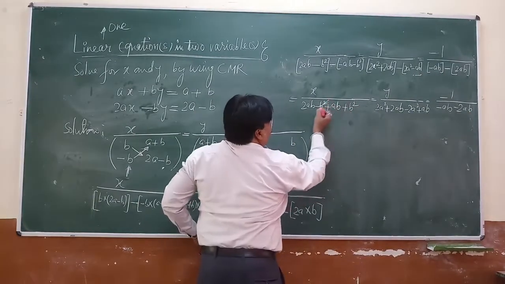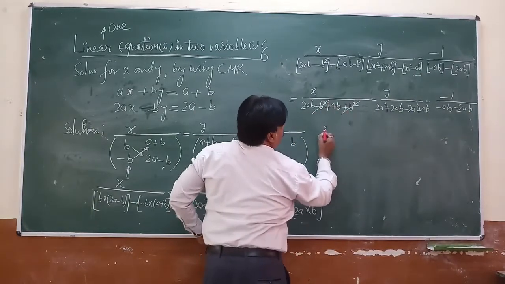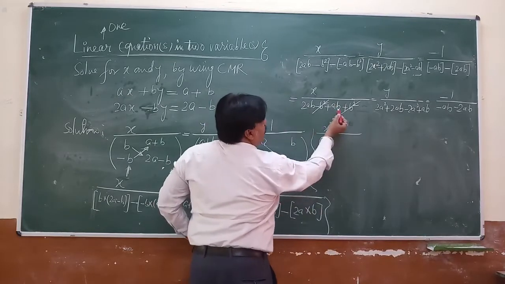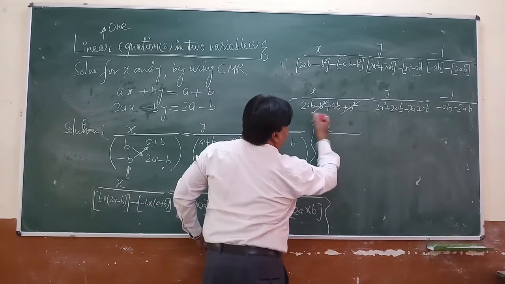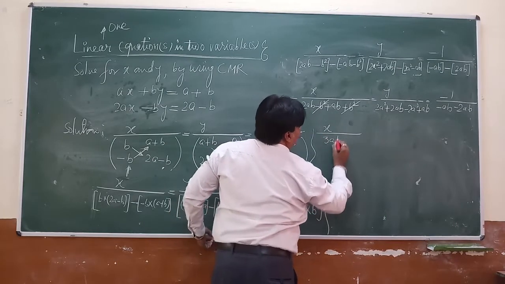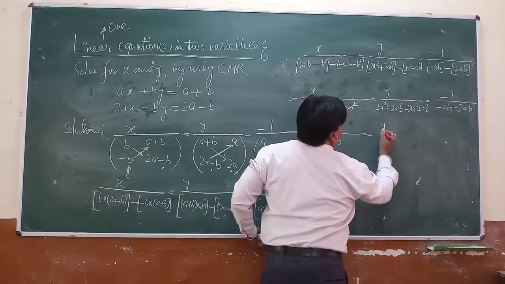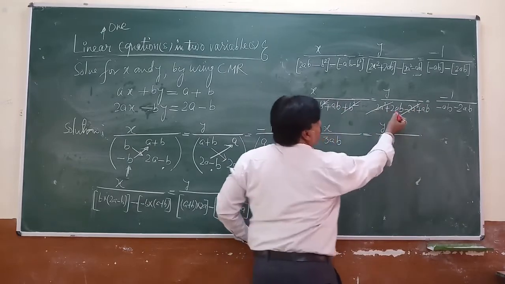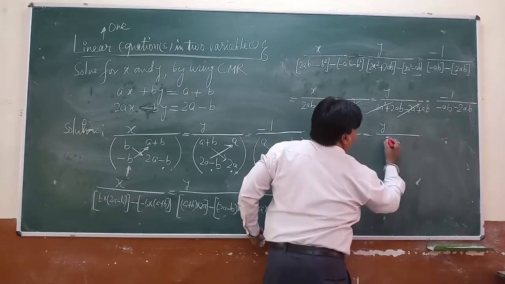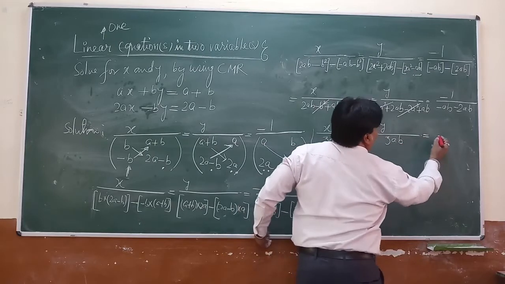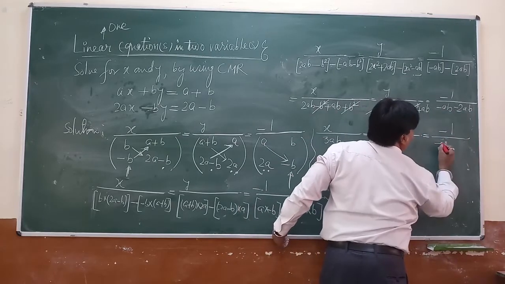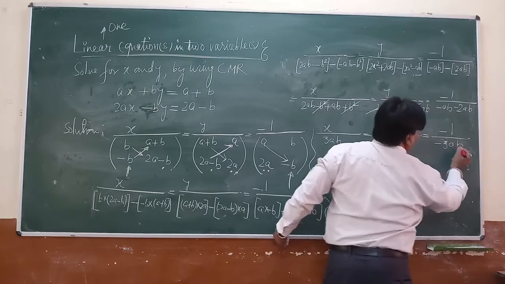Now minus b square and plus b square you can cancel, so this is x over 2ab plus ab, you can add here only, like terms are there, 3ab, is equal to y over, similarly minus 2a square plus 2a square cancel, 2ab plus ab, that is 3ab, is equal to minus 1 over minus ab and minus 2ab is minus 3ab.